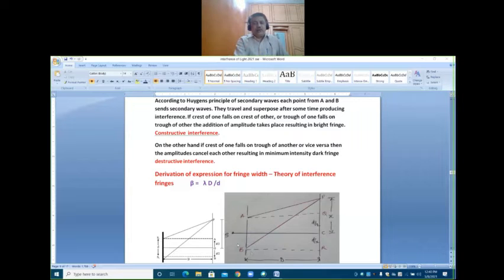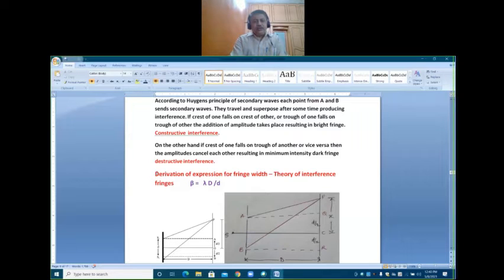A and B are part of S, therefore they are coherent, and light propagates, and after some time there is overlapping of waves from A and B, so they superpose, crest falling on crest, trough falling on trough, resulting in constructive interference or bright. Destructive interference is where trough and crest cross. So this is Young's double slit experiment, which we will see in detail.